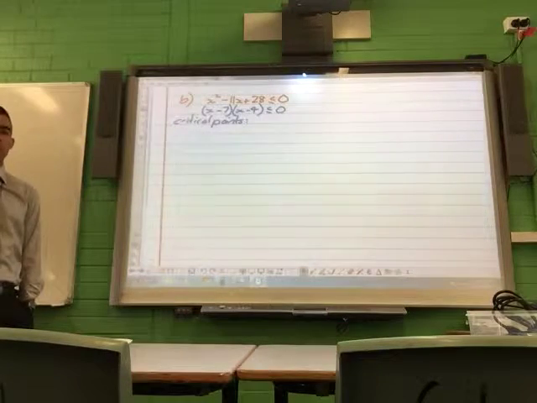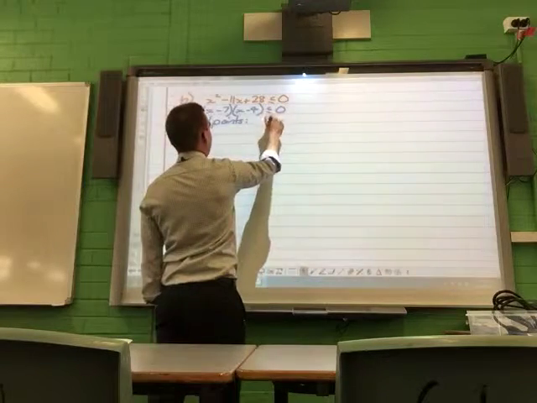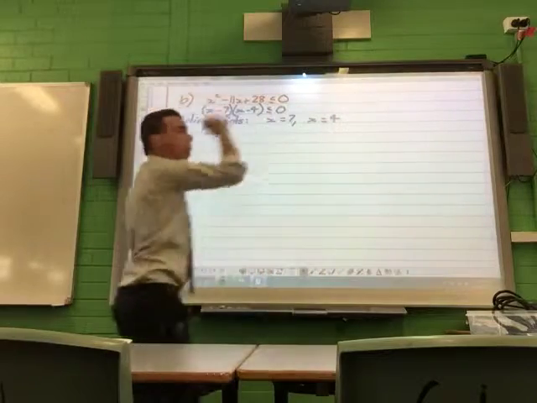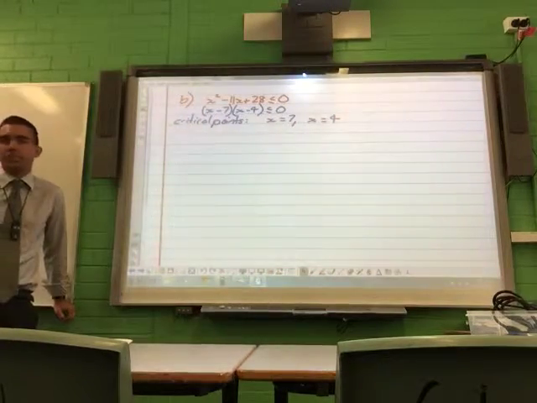These are your critical points, where you are going to check around. So x equals 7 and x equals 4 when you solve with equal signs for that inequality.